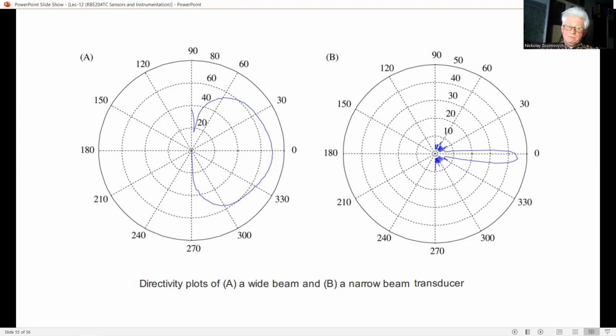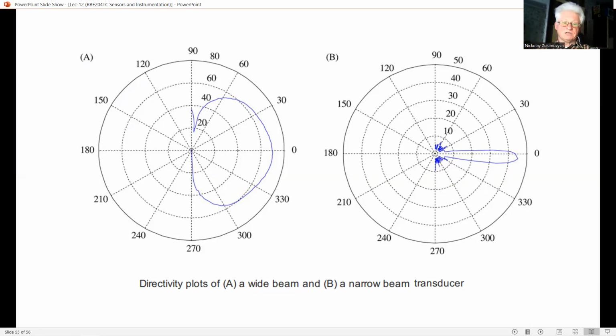For a narrow beam required for optimal S over N ratio, the transducer should be large compared to the wavelength. This means to obtain narrow beams, we have to choose either a large transducer, which might be impractical in many applications, or a high frequency, resulting in increased damping and therefore a reduced range.